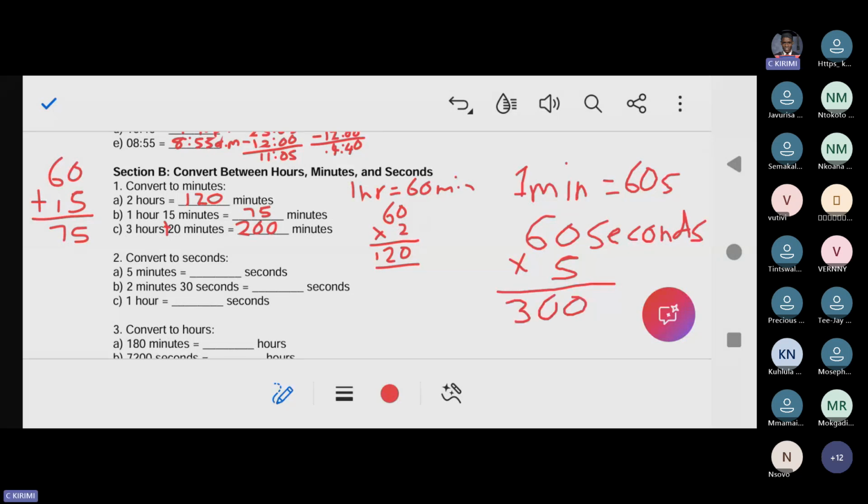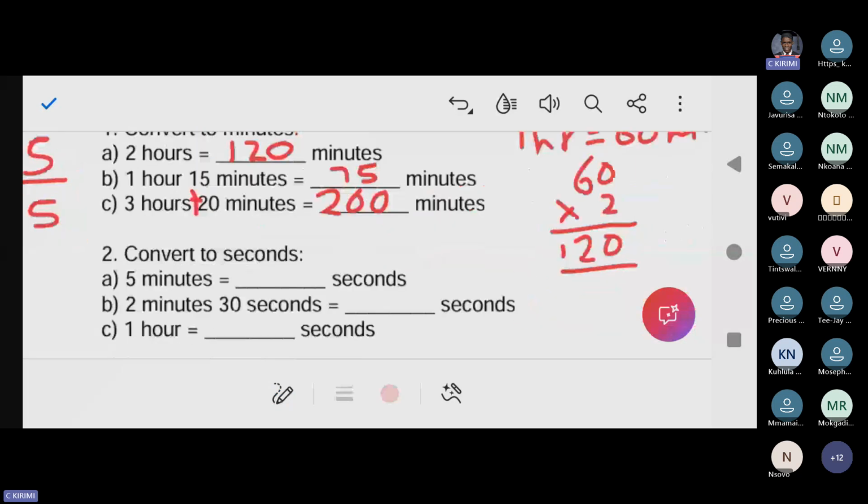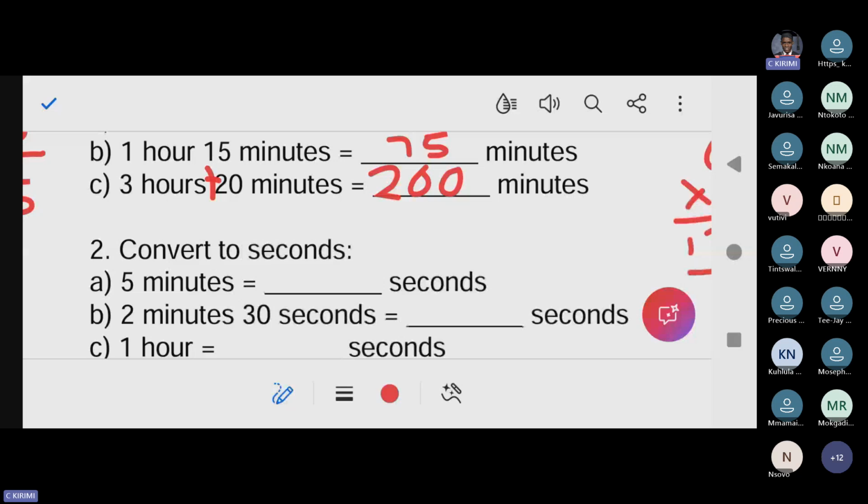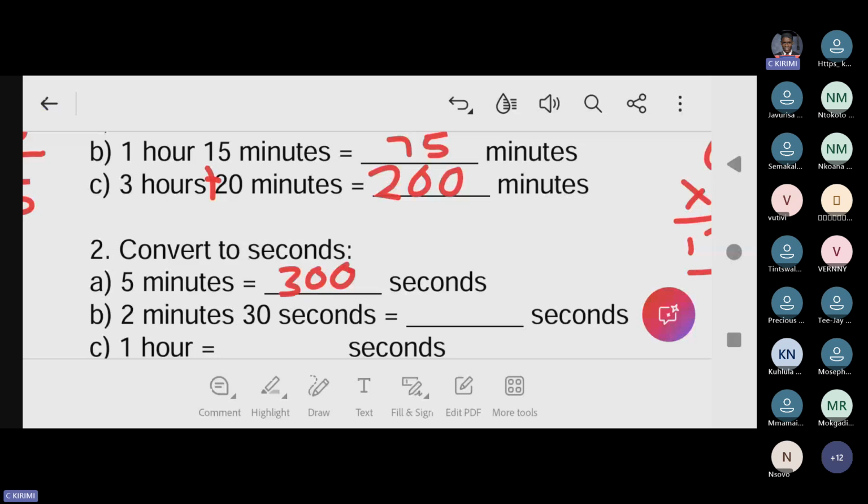So the answer there is 300 seconds. So you write your answer: 5 minutes is 300 seconds.